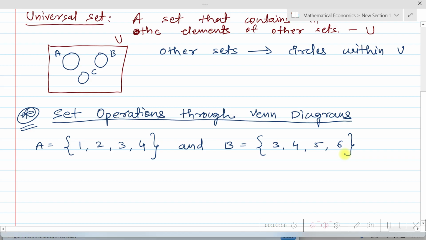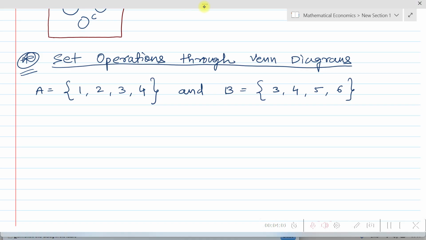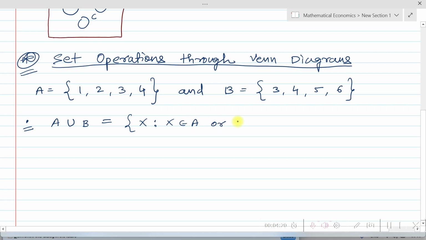We have these two sets. So how do we draw the Venn diagram? The first set operation is, suppose, A union B. Now what is A union B? A union B is equal to X such that X belongs to A or X belongs to B, which is equal to 1, 2, 3, 4, 5 and 6.